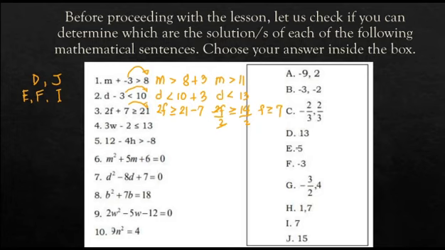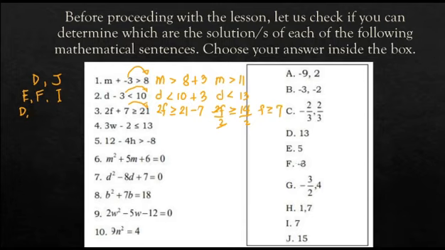Again, we're going to find the numbers that satisfy the given inequality. f is greater than or equal to 7, so only one number for each of the choices. We have D, that is greater than 7.